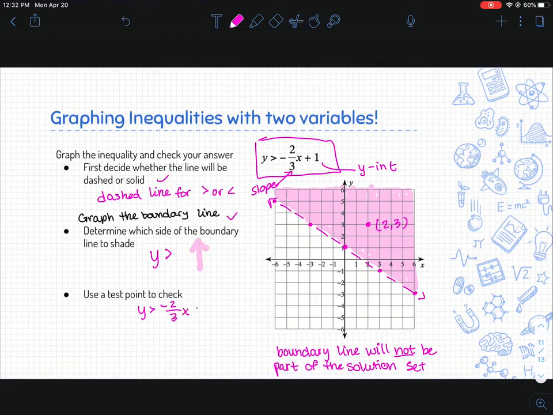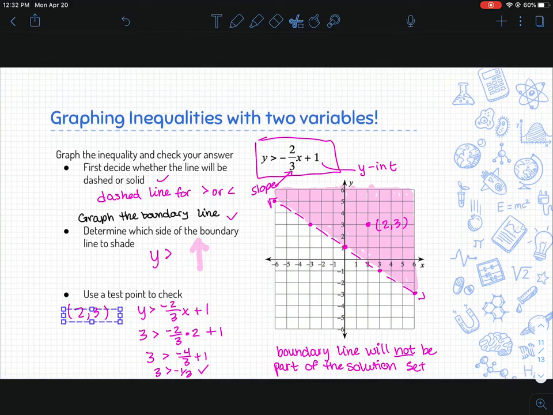So I have y is greater than negative 2/3 x plus 1. So if I'm picking 2, 3, I'm saying 3 is greater than negative 2/3 times 2 plus 1. 3 is greater than negative 4/3 plus 1. 3 is greater than negative 1/3, which is true.